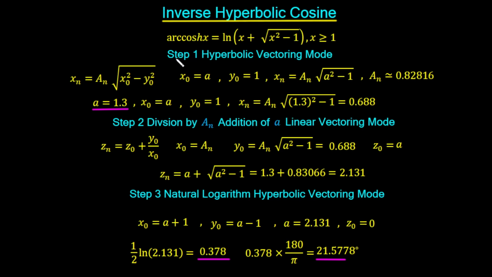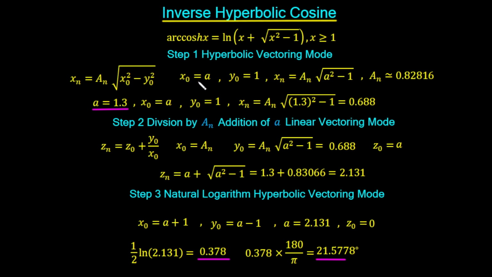Well, let's look at the very first step here. In step 1 we're going to use the hyperbolic vectoring mode. Don't worry too much about the mathematics here, we'll talk through it first of all, but again we will go through it within the graphical calculator in just a moment. From this hyperbolic vectoring mode, the output xn is equal to An times the square root of x naught squared minus y naught squared. So we can knock this into the correct format.